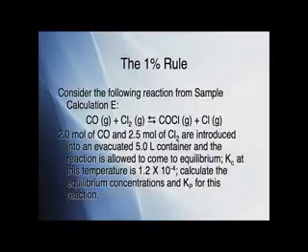You may be asking yourself, if it didn't make a difference, is there an easier way to solve for x that maybe we can bypass the quadratic?